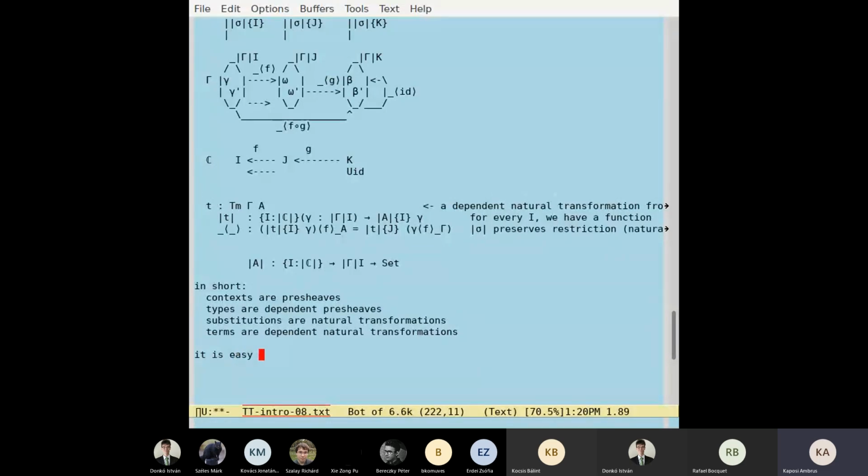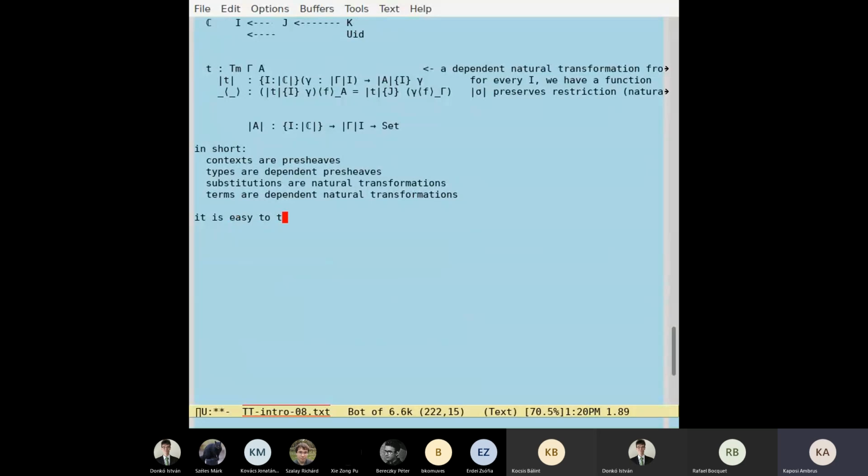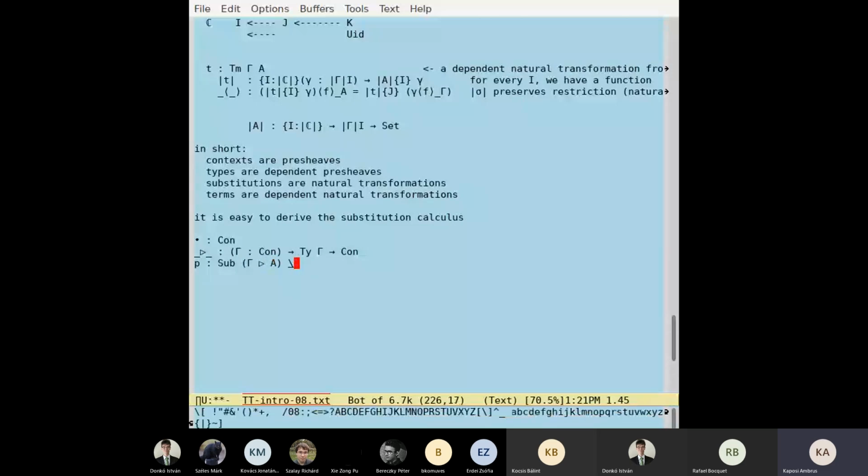Okay, and it is easy to derive the substitution calculus. So far we only said what the sorts are, but we need to say, do we need the empty context? We need context extension. No, we need the p substitution, which goes from gamma A to gamma.